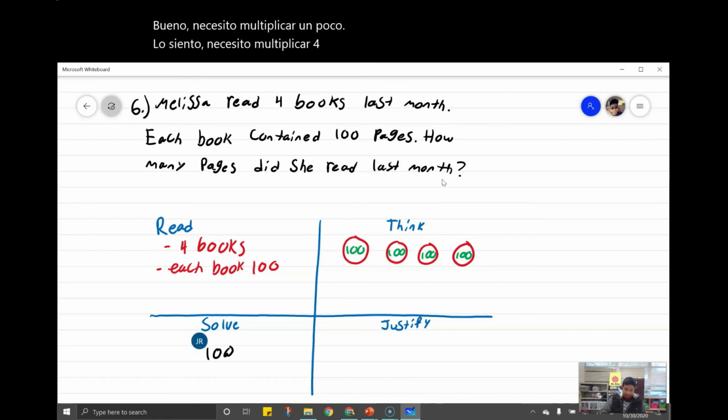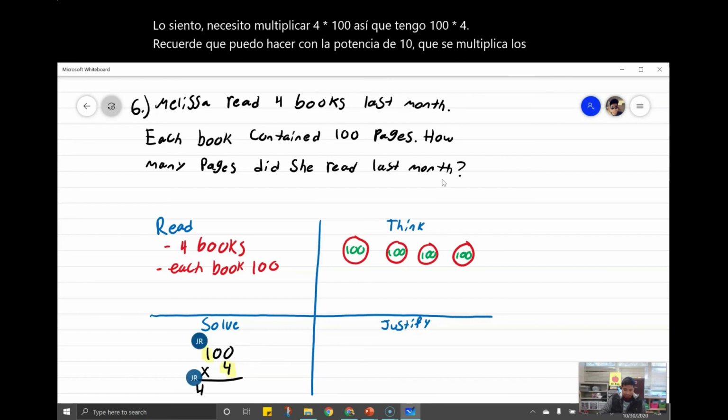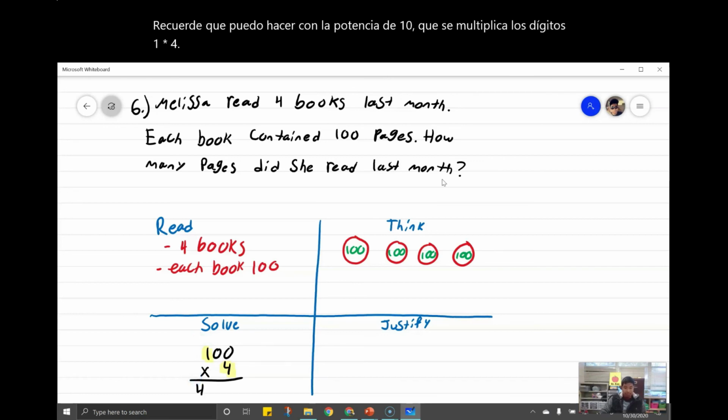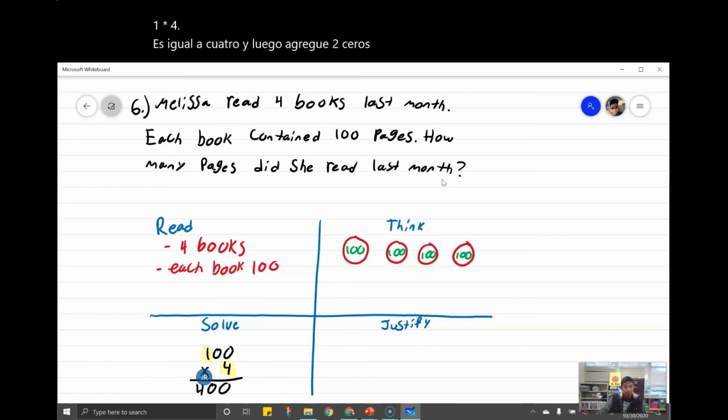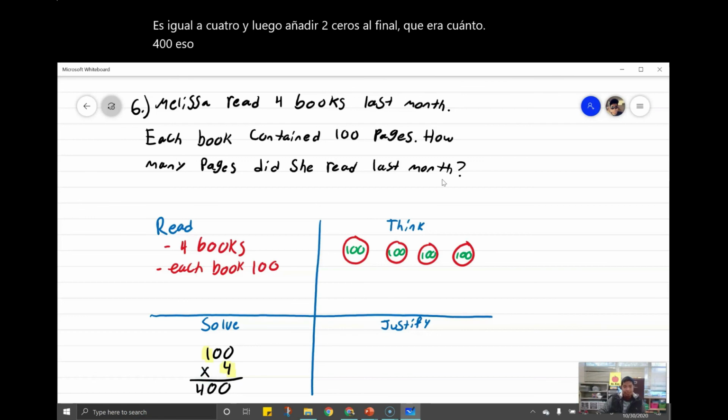So I have 100 times 4. Remember, all I can do with power of 10, which is multiply the digits 1 times 4, which equals 4. Good. And then add 2 zeros at the end, which equals how much? 400. That's a lot. Okay? Justify.